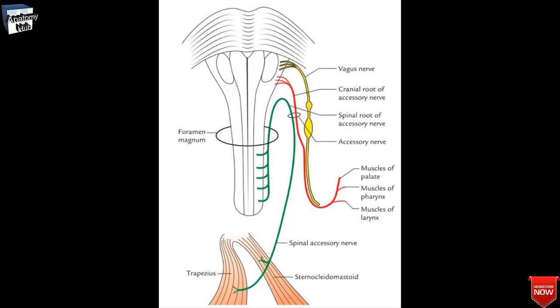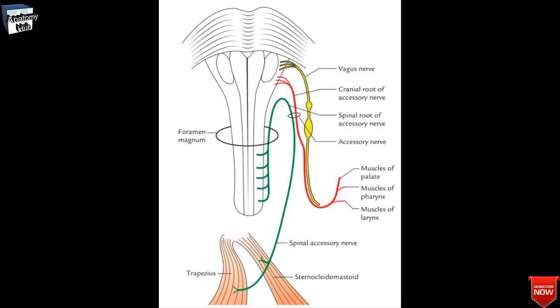So here we will see the motor function and the clinical relevance of this 11th cranial nerve. As you know, traditionally the accessory nerve is divided into spinal and the cranial part. The spinal part arises from the neurons of the upper spinal cord, specifically from the C1, C2, C3 and C4 spinal nerve rootlets, and these fibers form the spinal part of the accessory nerve, which then runs superiorly to enter the cranial cavity via the foramen magnum.